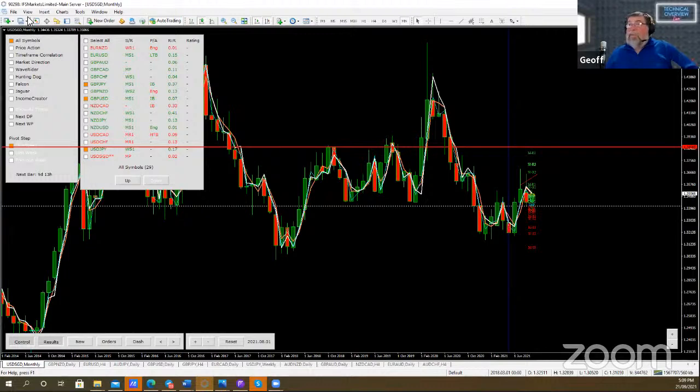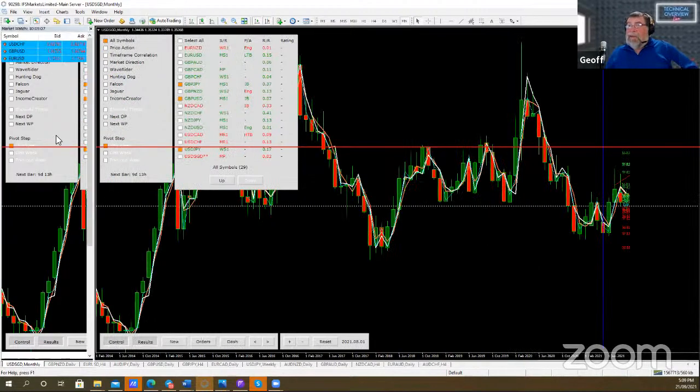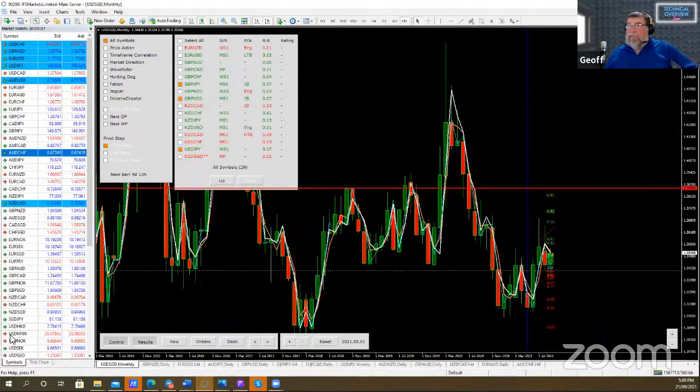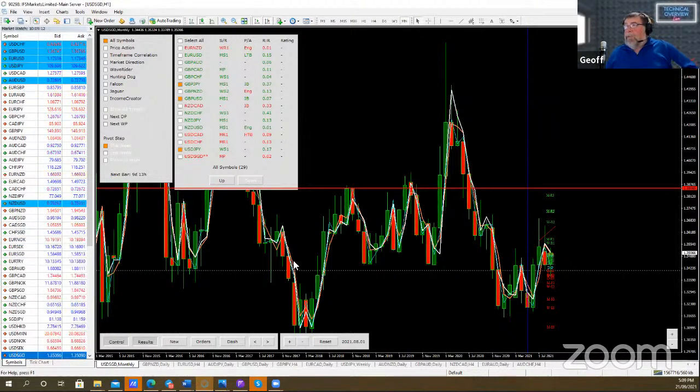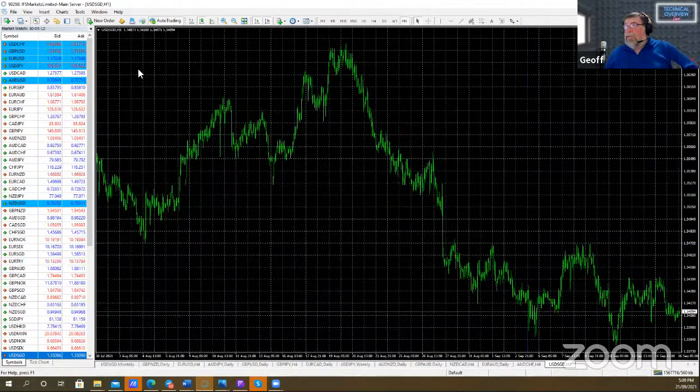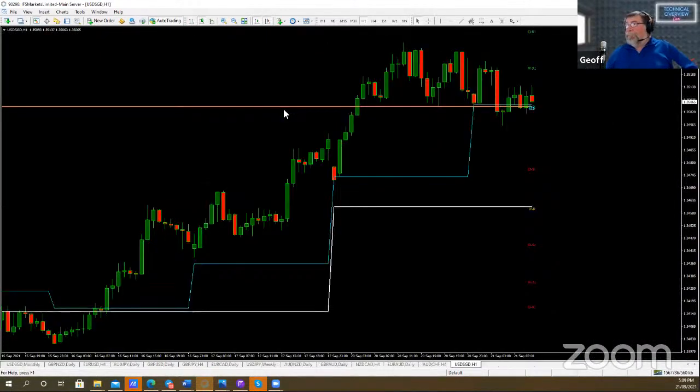Hang on, I'll put a chart up so I can get rid of this. Dollar Sing, there we go. Template, me. Okay. Now it's much clearer, right?